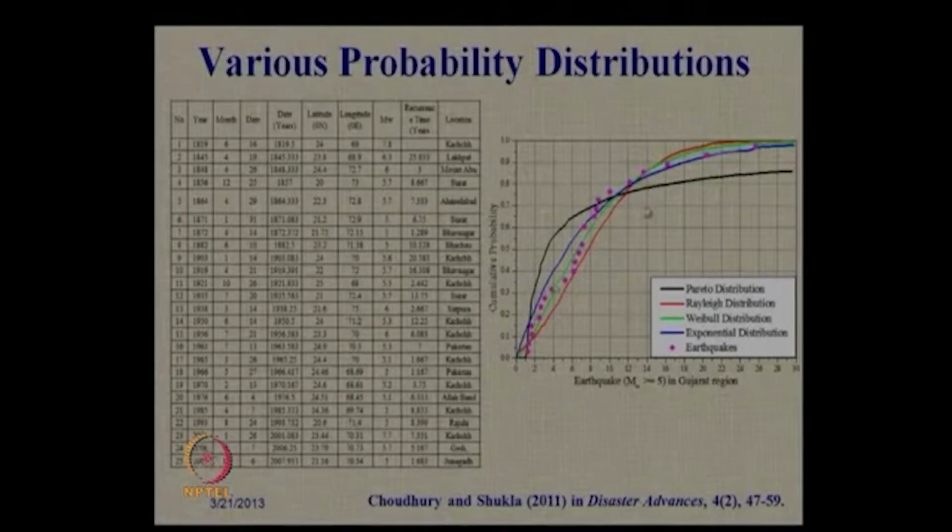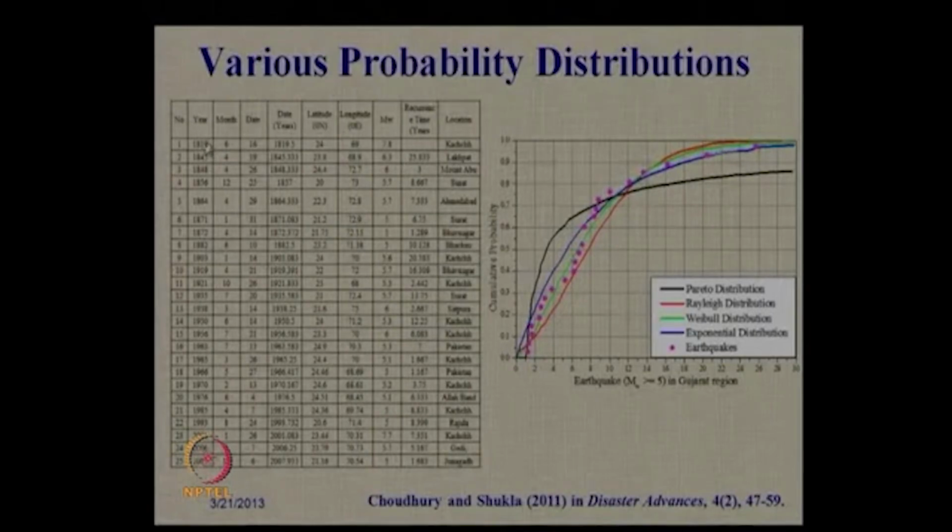Like that, you have to identify which seismicity model is acting well for or satisfying well your given set of earthquake catalog data. Now, if we relook at this column, it says recurrence time in years. Recurrence means starting from the year 18-19 data up to the 2007 data, which we have considered in this paper.